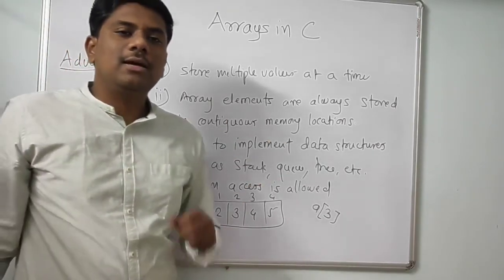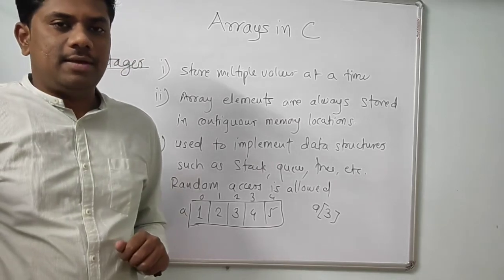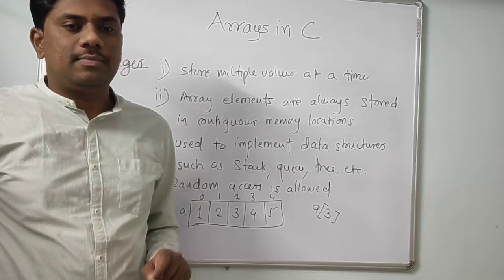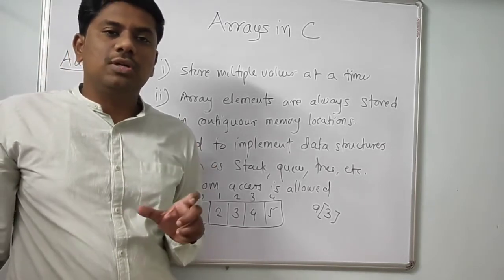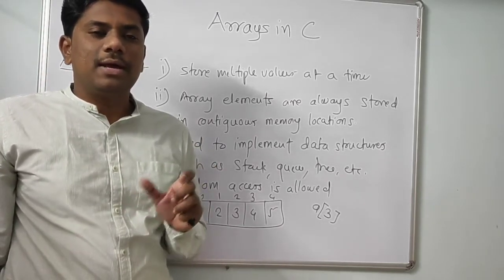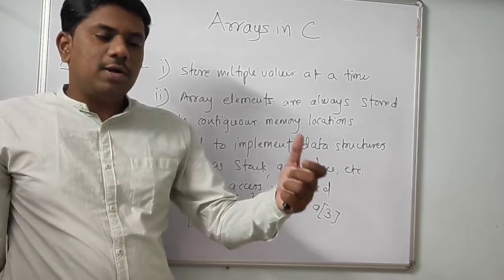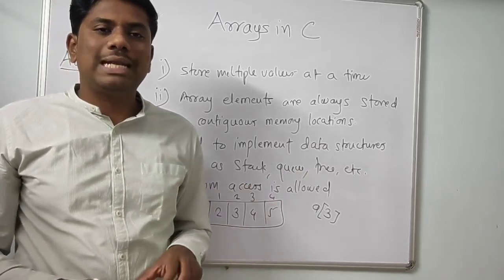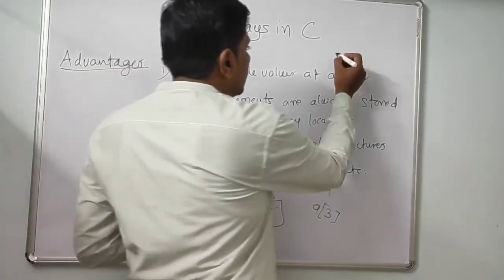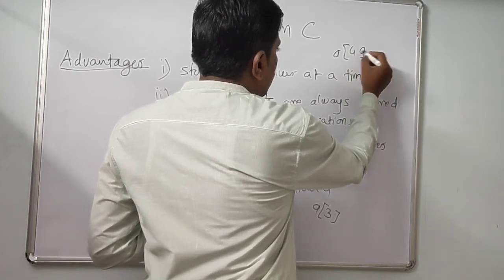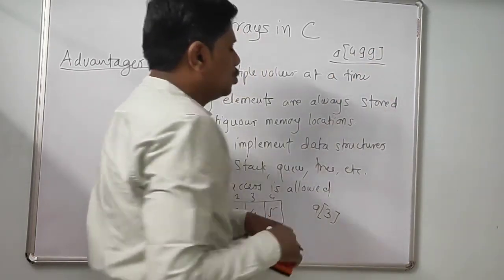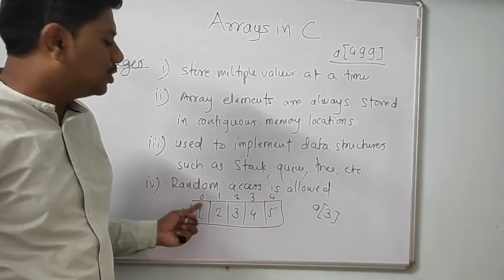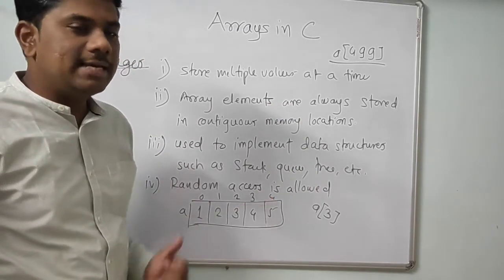Suppose there are 1000 elements in your array and you want to retrieve the 500th element. Then you can simply use A[499] notation, because array index starts with 0 and ends at size minus 1.